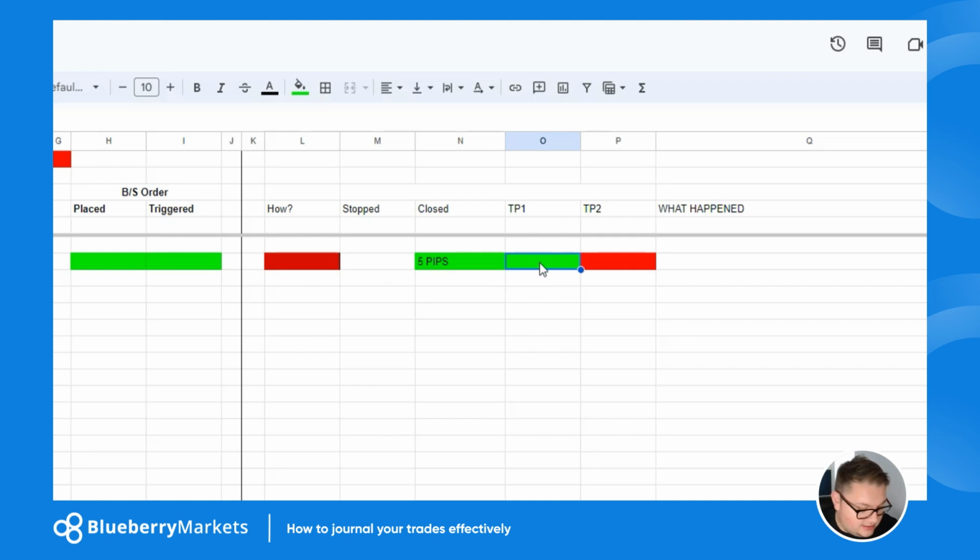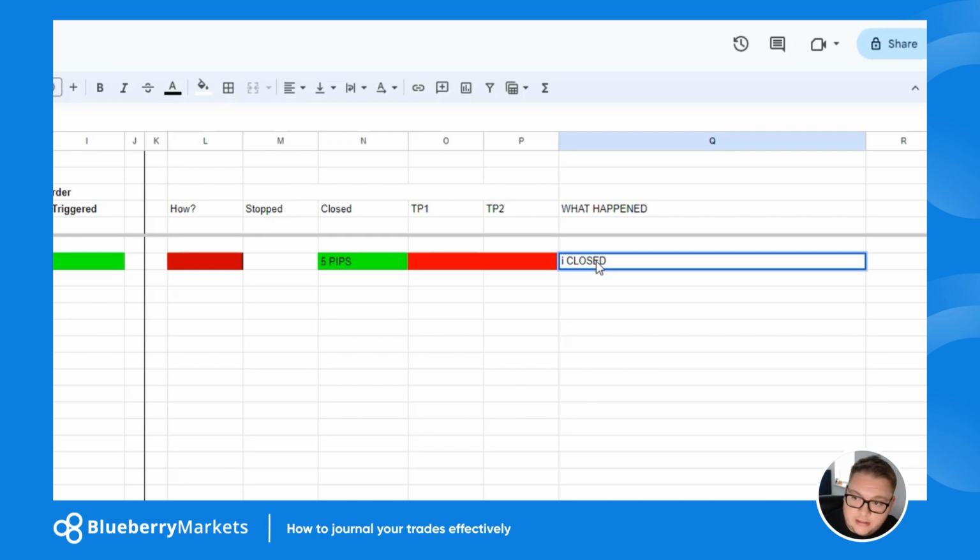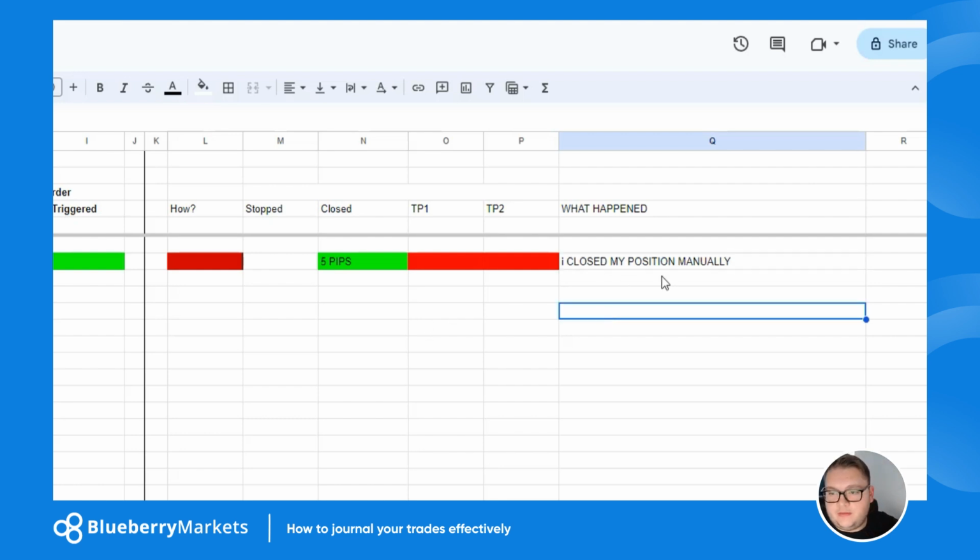We can say that it didn't hit TP1 and it didn't hit TP2. The reason why it didn't do that is because I closed it at +5 pips. Now I can say here, I closed my position manually, all right?